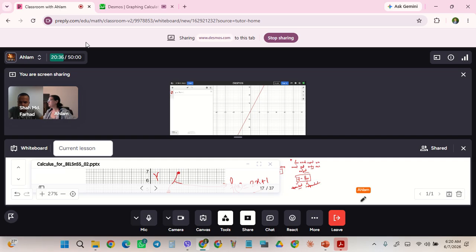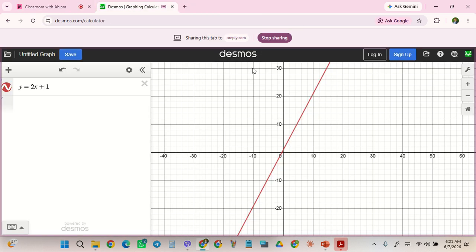We can easily use this one to draw a function. You just put the equation or function here, then it will give you the graph directly. So for this you don't need to find the values of x and y, then put them on graph paper, then join the line. Nowadays we don't need it.